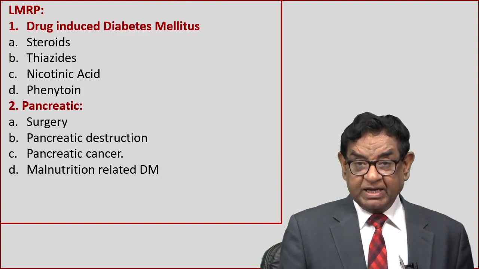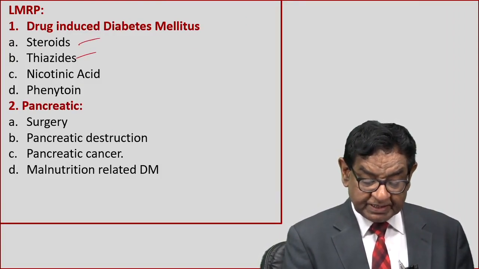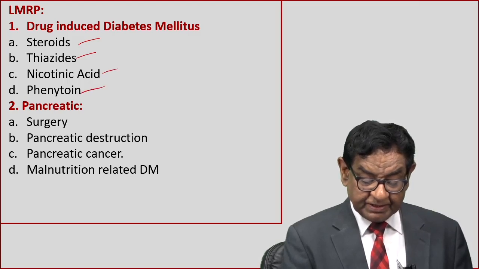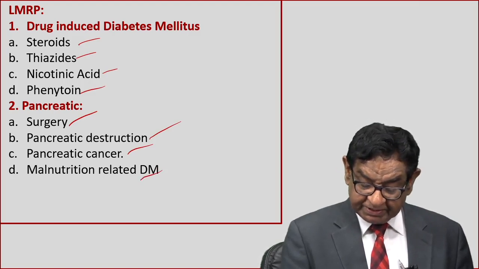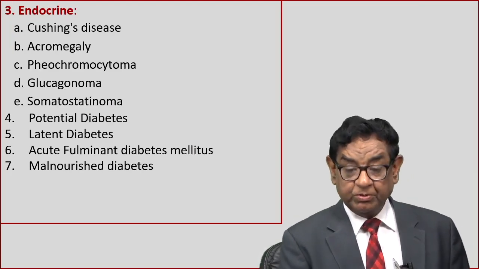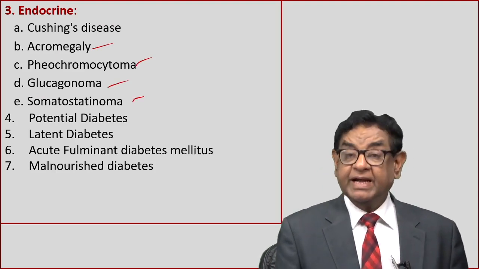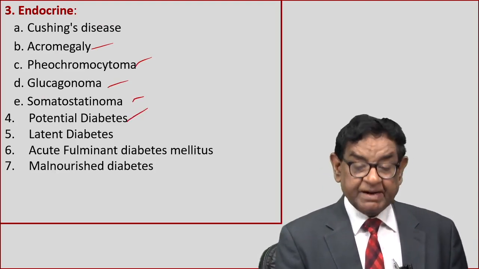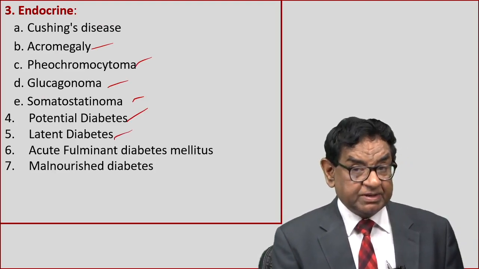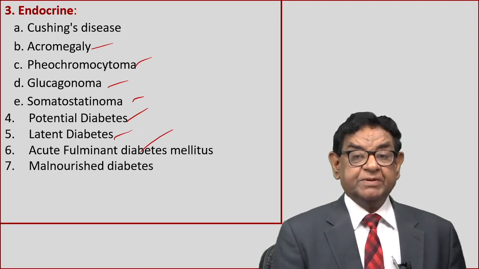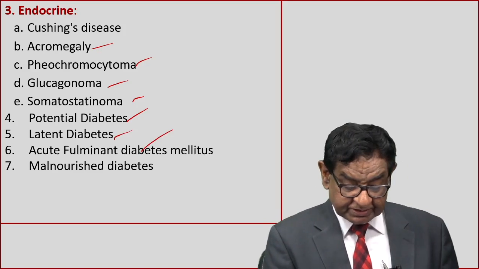Well, a quick recap of the last-minute revision points. Drug-induced diabetes: steroid, thiazide, nicotinic acid, phenytoin. Pancreatic disease: surgery, destruction, cancer. Endocrine disease: Cushing syndrome, acromegaly, pheochromocytoma, glucagonoma and somatostatinoma. Potential diabetes is positive family history. Latent diabetes is stress-induced diabetes. Acute fulminant diabetes is due to viral fever causing destruction of beta cells without any antibodies.